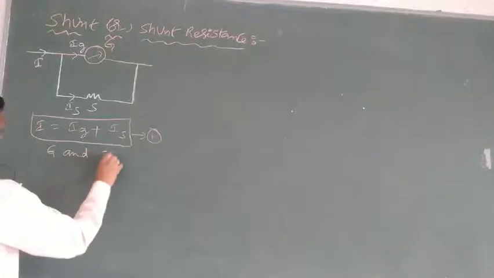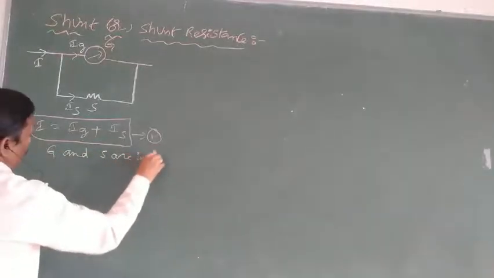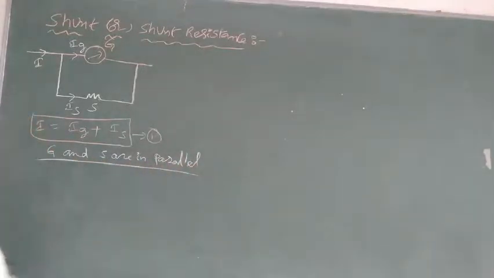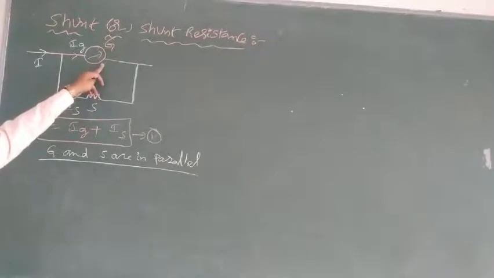And according to the diagram, the resistances G and S are in parallel. The galvanometer resistance and shunt resistance both are in parallel.